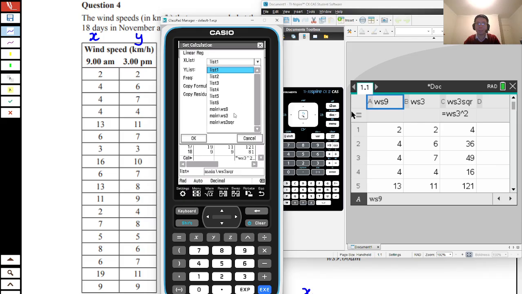So wind speed 9 was my x variable, and ws3sqr is now my y variable. Even though it's y squared, the calculator is referring to the response variable as y, so you need to feed in the squared data already.